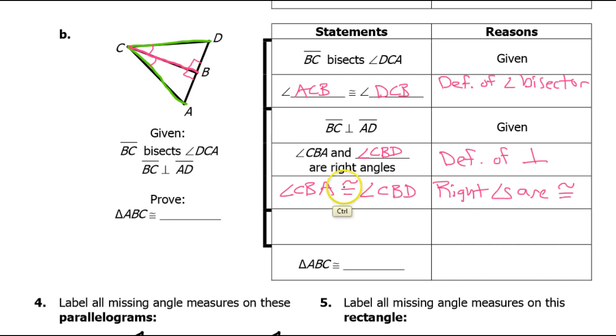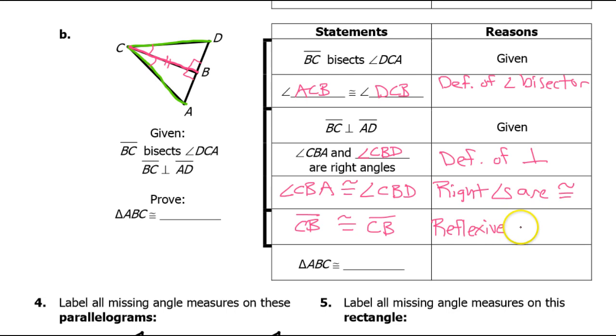Okay, so far all I have is angle, angle. Is there anything else I can mark? Sure. I know that the shared side CB is going to be congruent to itself. So I can say that segment CB is congruent to segment CB. And that is the reflexive property.